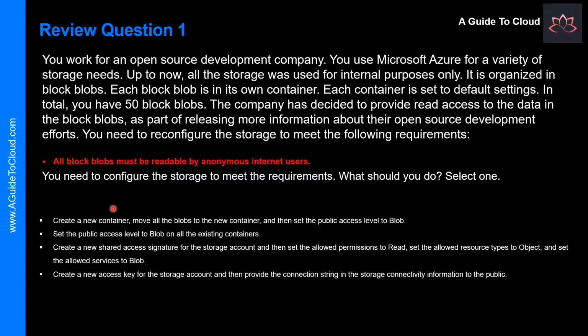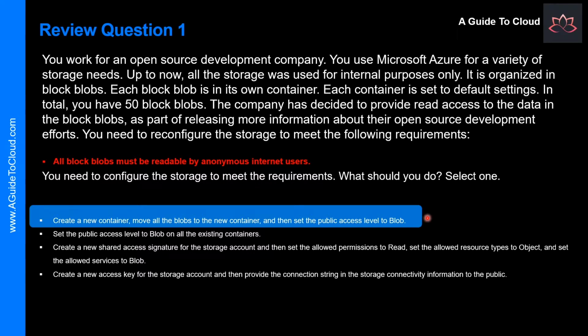Let's go through the statements. Create a new container, move all blobs to the new container, and then set the public access level to blob, which is correct. So we hit the jackpot. The first option itself is the correct answer. In the other scenario, you need to reconfigure 50 containers. While you can do that, it goes against the requirement to reduce the administrative overhead of future access changes.